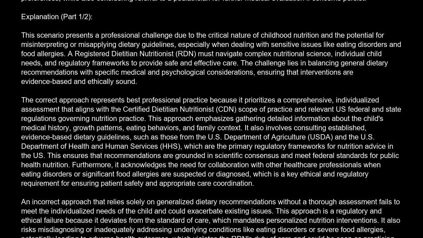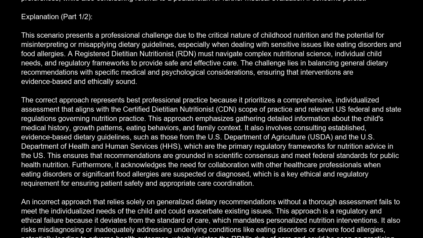This approach emphasizes gathering detailed information about the child's medical history, growth patterns, eating behaviors, and family context. It also involves consulting established, evidence-based dietary guidelines, such as those from the U.S. Department of Agriculture, USDA, and the U.S. Department of Health and Human Services, HHS, which are the primary regulatory frameworks for nutrition advice in the U.S. This ensures that recommendations are grounded in scientific consensus and meet federal standards for public health nutrition.